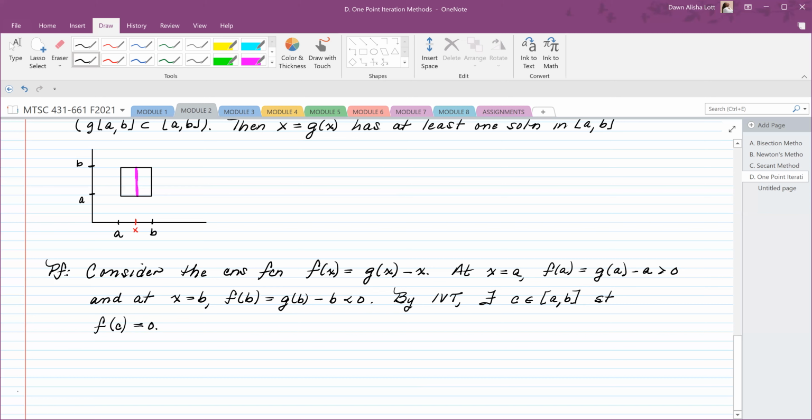If f of c is equal to 0, that implies that g of c minus c is equal to 0, and that is the root. So c is the place such that g of c is equal to c. So it's at least one, okay?